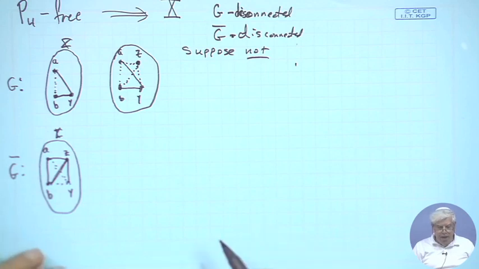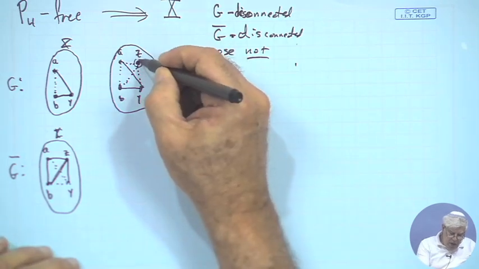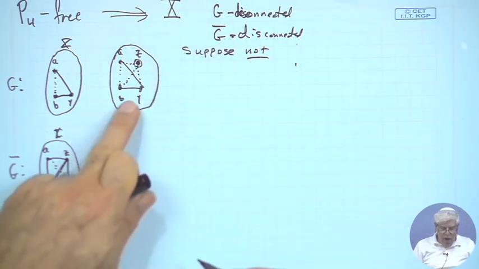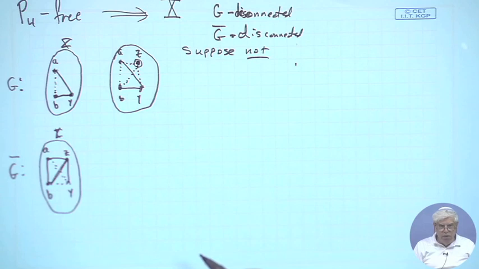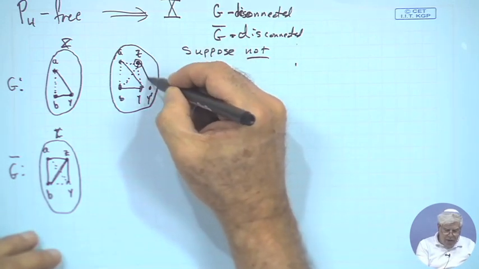Well, let's keep playing the game. Z and Y are not connected, so there must be something that connects them. It can't be hop, hop, hop. So there must be a Y prime that sees both of them.